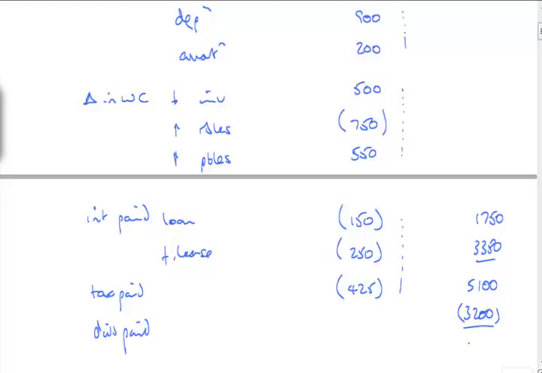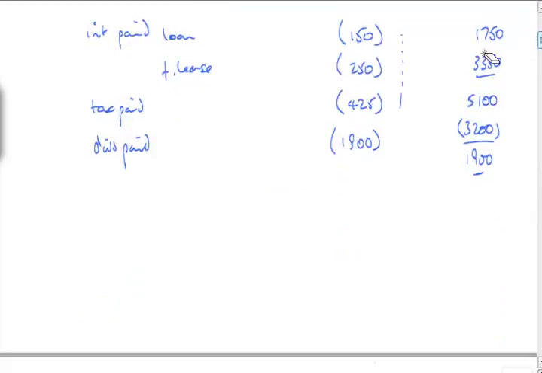So there must have been a dividend payment. Now then, is that 1900? It looks like it. Dividend paid. I may need to look again at that, but I think I'm okay on that one.